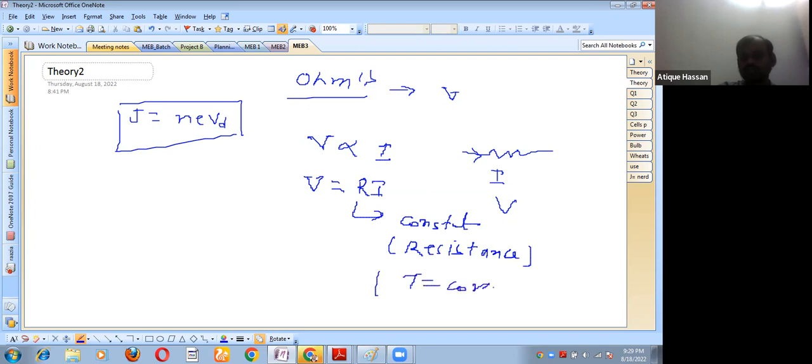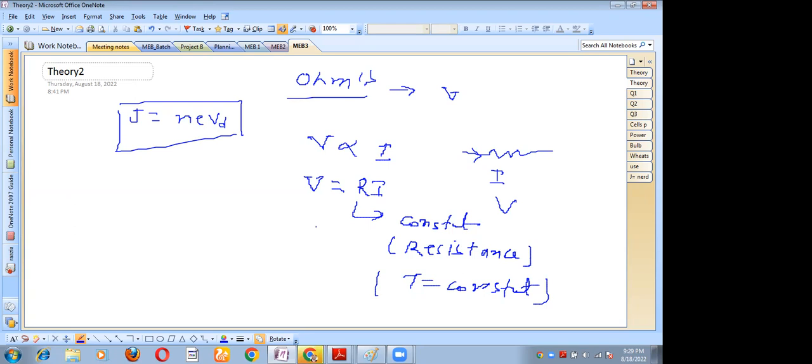Why should temperature be constant for V is equal to IR? Anyone? In Ohm's law, you have seen from class 10 that resistance is directly proportional to temperature. Correct.